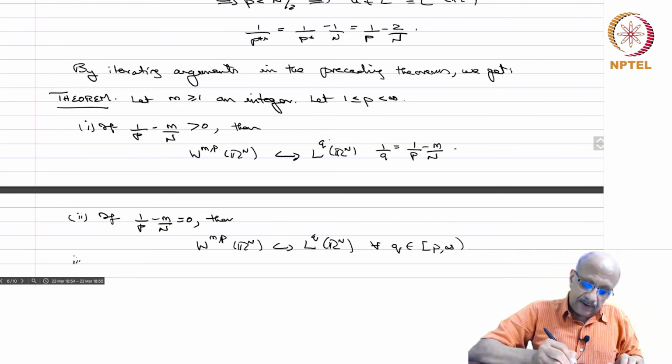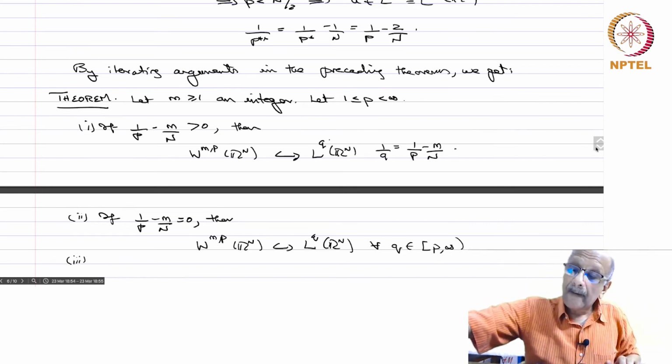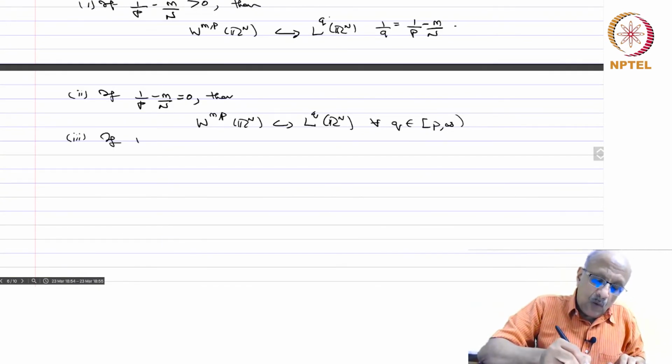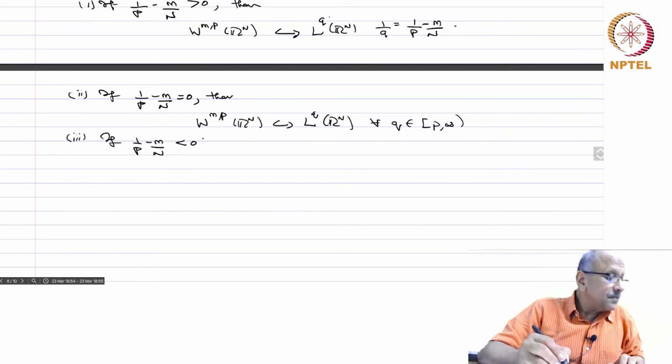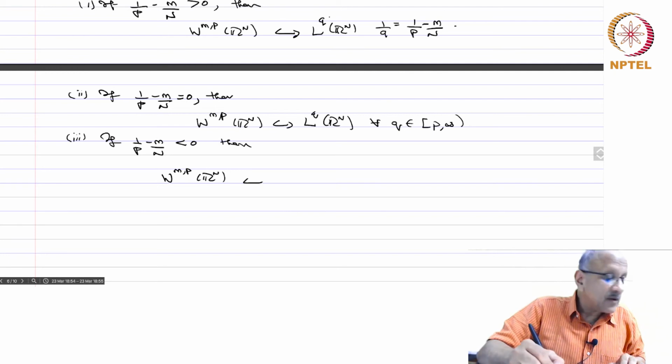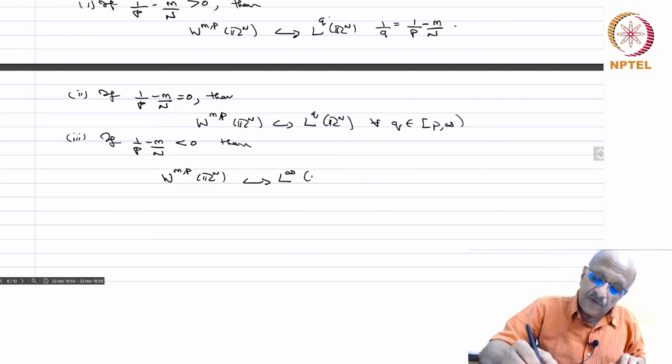And then 3, if 1/p minus m/n is less than 0, then W^{m,p}(Rn) is continuously embedded in L infinity(Rn).